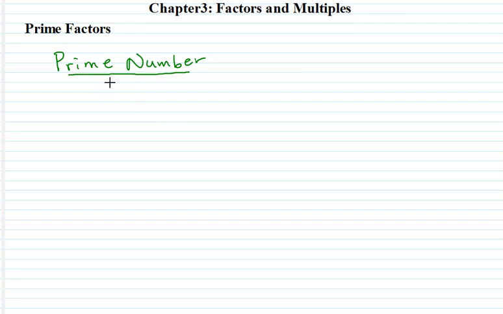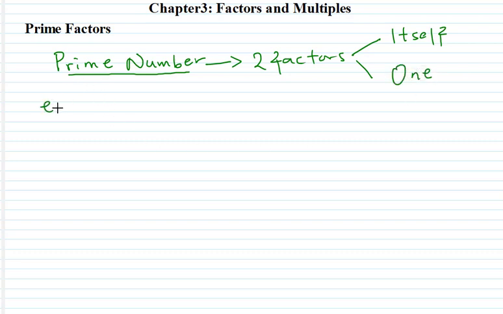So prime numbers have two factors, and those factors include itself and 1.